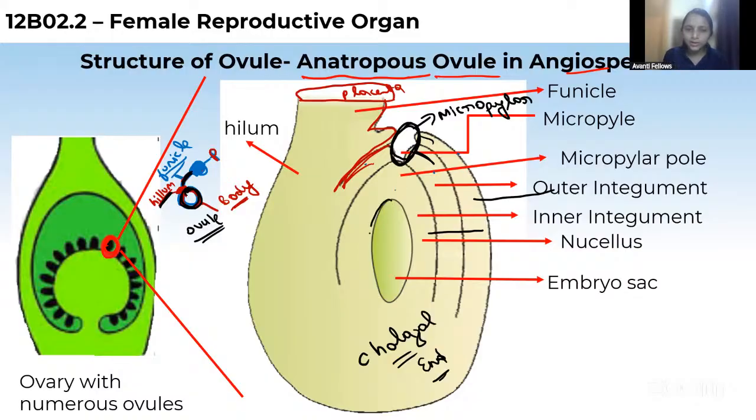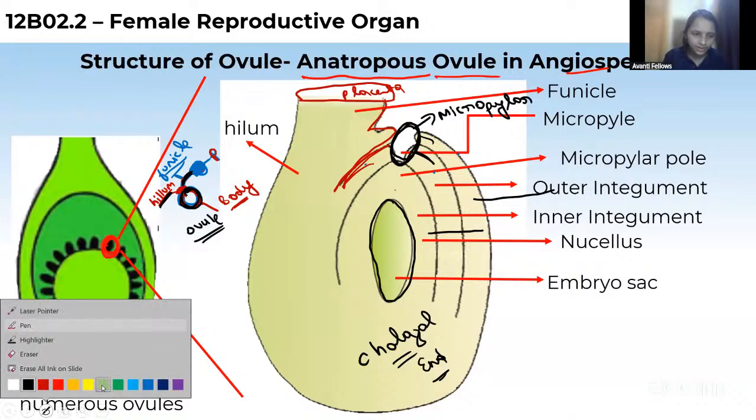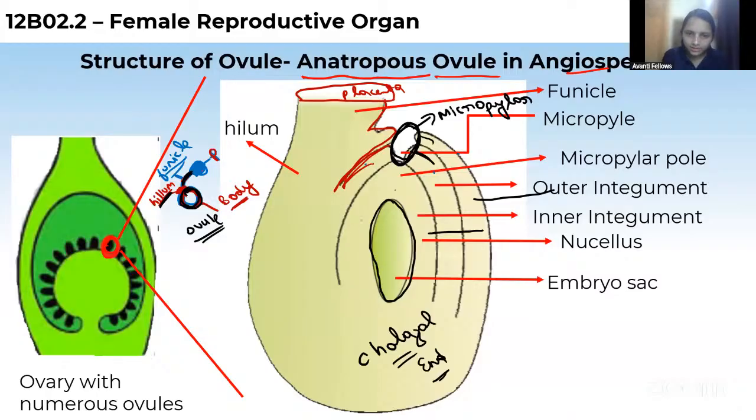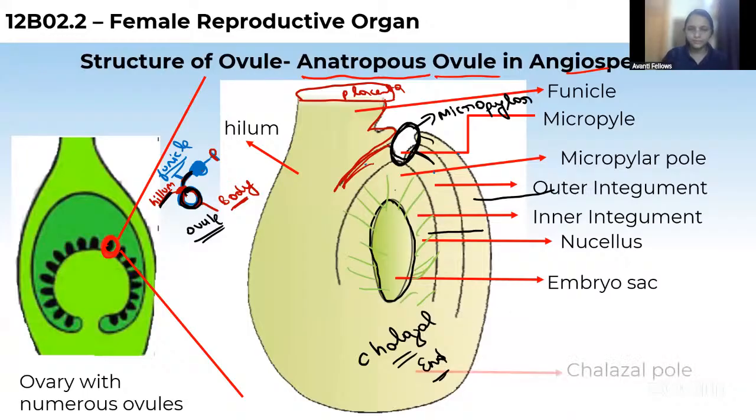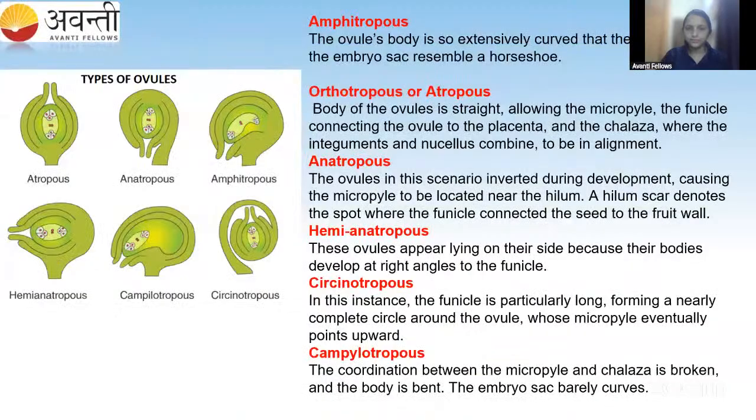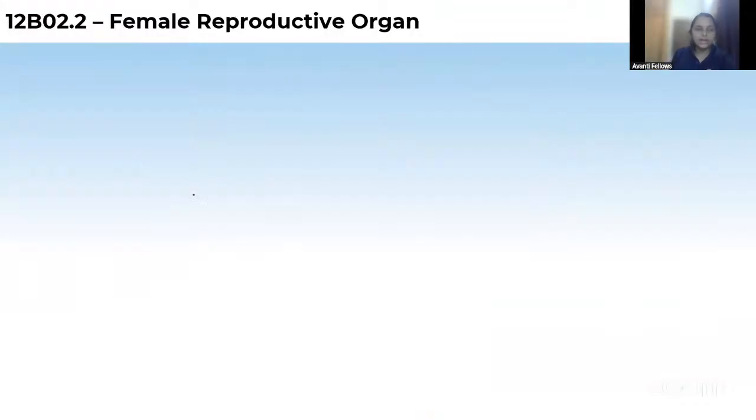In the center, you can see the embryo sac. This embryo sac is covered by nucellus cells. I will explain once again. Don't get confused over here. Kindly see once again.